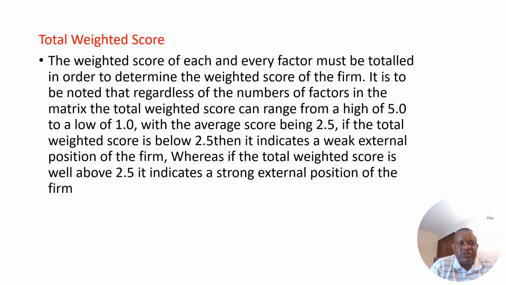It is to be noted that regardless of the number of factors in the matrix, the total weighted score can range from a high of 4.0 to a low of 1.0, with the average score being 2.5. If the total weighted score is below 2.5, then it indicates a weak external position of the firm.